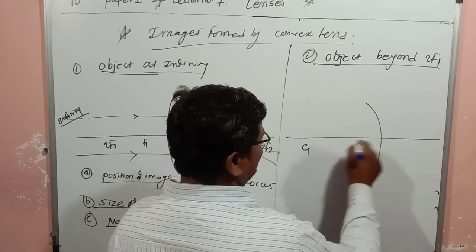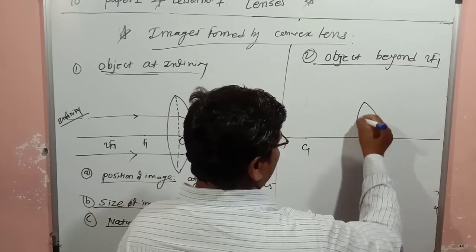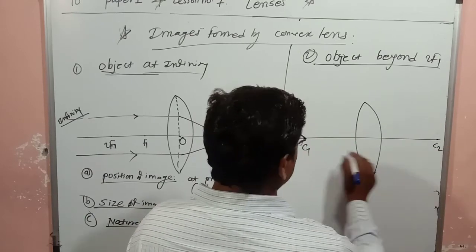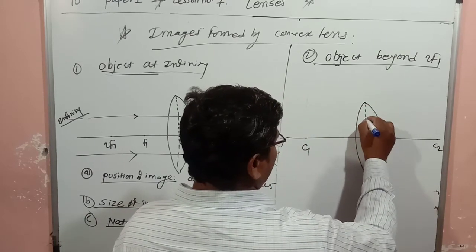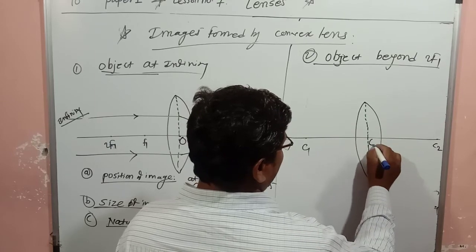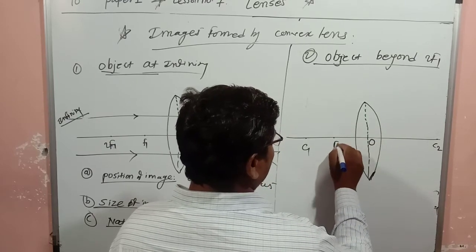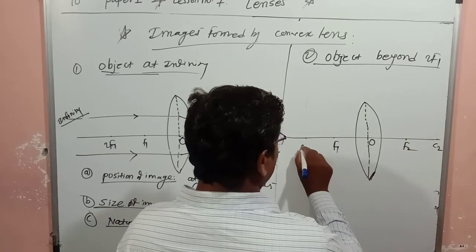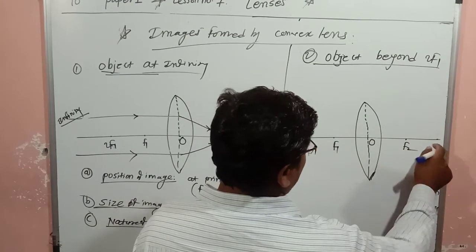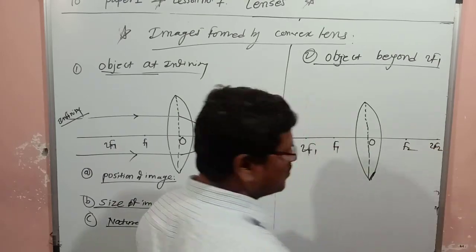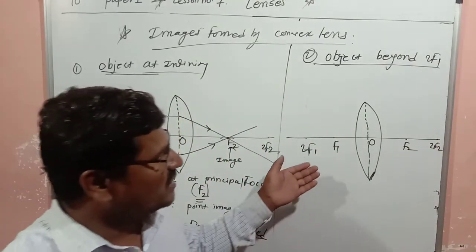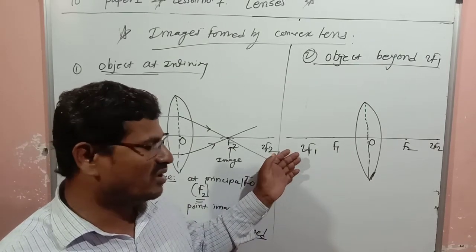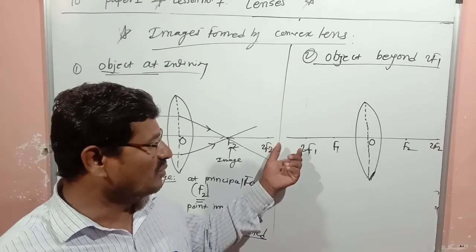Here will be your C1. From that side make the second arc, then it will be C2, and if you join these two, there will be the optical center. The midpoint here will be f1, here f2, and here you take 2f1, and here 2f2.